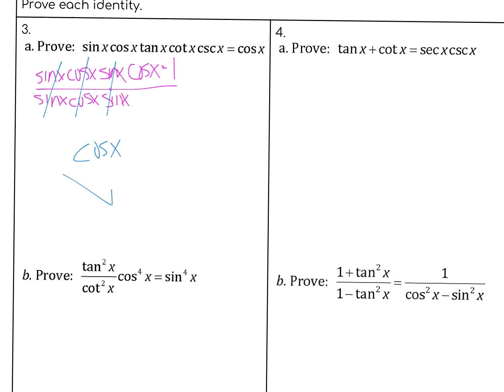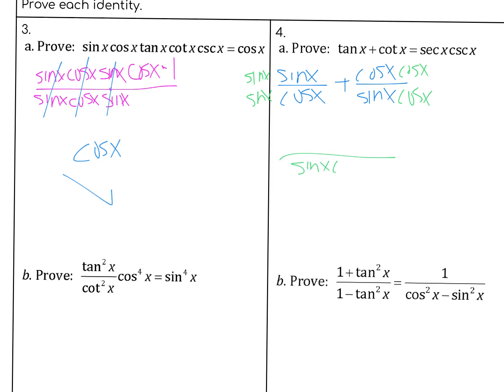This next one, I think I'm going to stay on the left side. So tangent is sine over cosine. And cotangent is cosine over sine. I'm going to get a common denominator. So I'm going to put a sine here. Here is sine, there is sine, over here it gets a cosine. So now I have sine, cosine on the bottom.